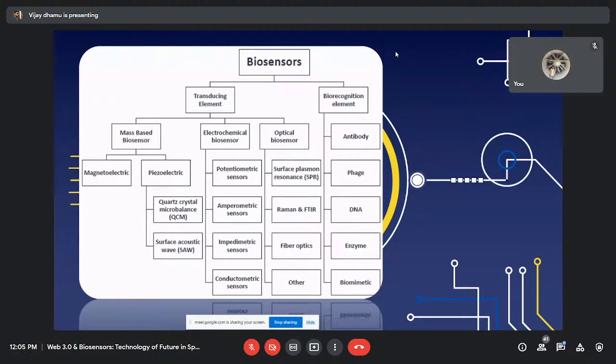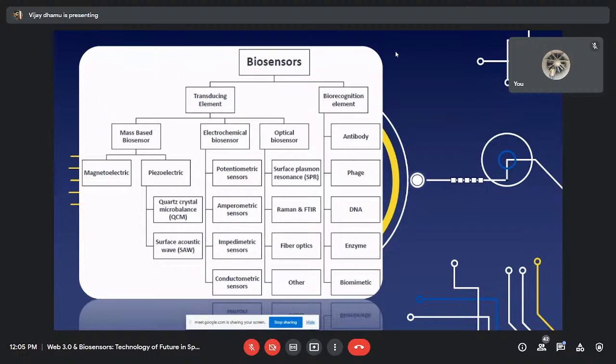In electrochemical biosensors, we have the potentiometric sensor, amperometric sensor, impedimetric sensor, and conductometric sensor. The electrochemical sensor is mainly used to study the physiological analysis of the human body, where chemical components cause electric signals.